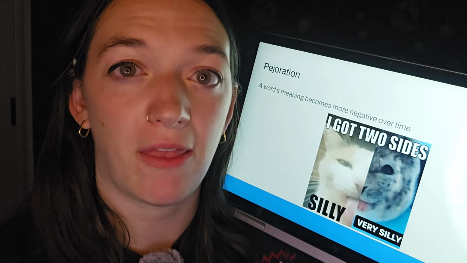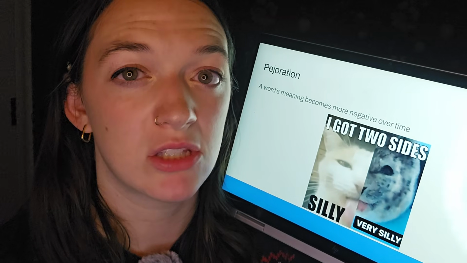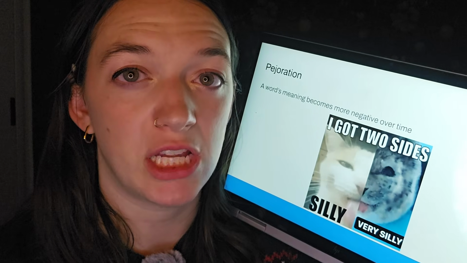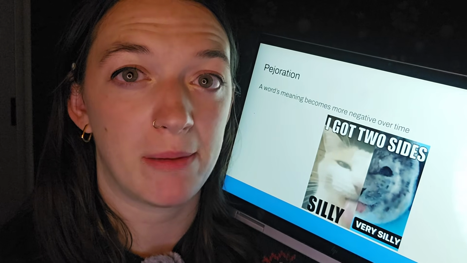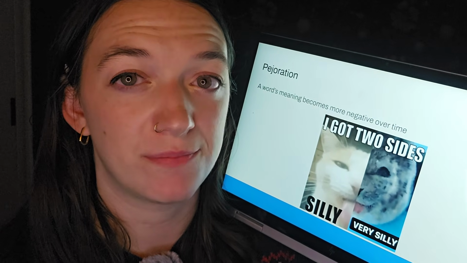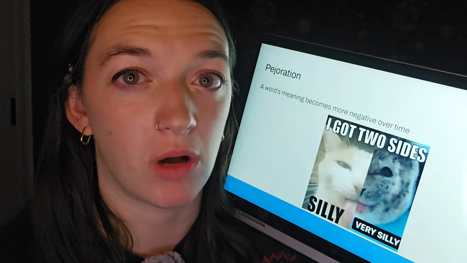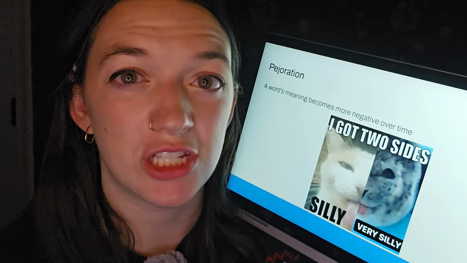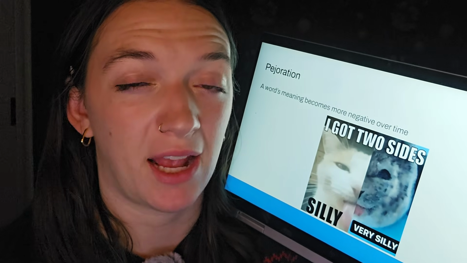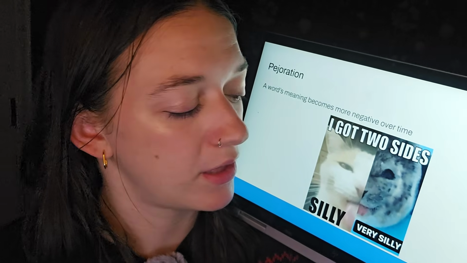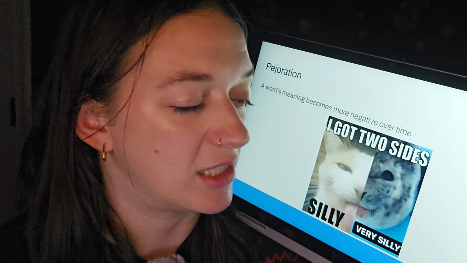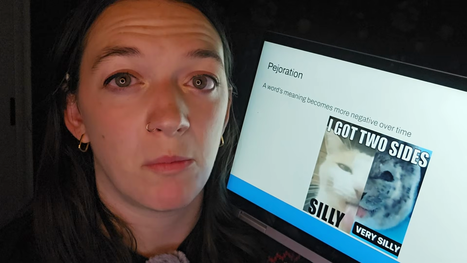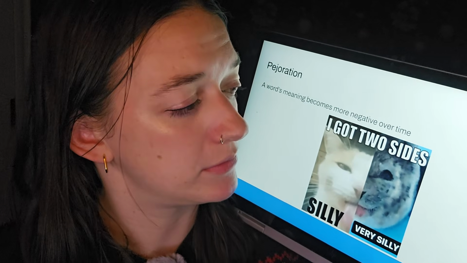Silly used to mean that someone was very pious or devout in their faith, and then it slowly changed to mean that someone was maybe overly naive, and now it means that someone is kind of silly or foolish. It did almost the exact opposite thing that nice did. So silly now means that someone's goofy, but it used to mean that someone was very pious.